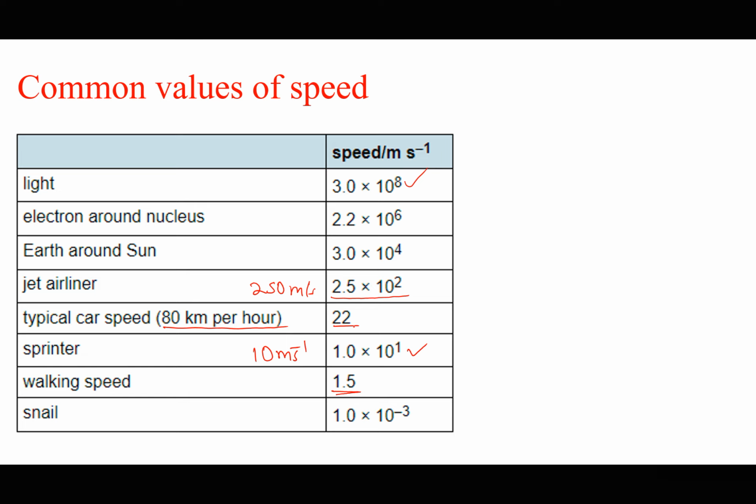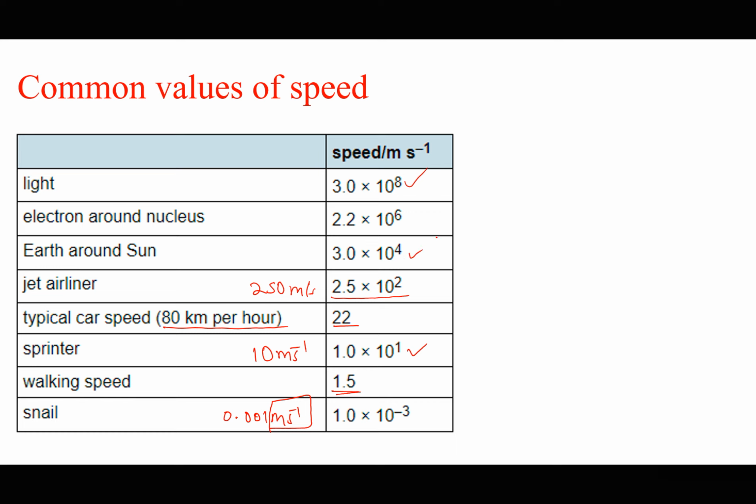Then the speed of a snail is about 0.001 meters per second. And I say this unit is very big for the speed of a snail. So the speed of a snail is very, very small, about 0.001 meters per second. Then you may not really need to know the speed of an electron around a nucleus, but of course, the speed of the Earth around the Sun.